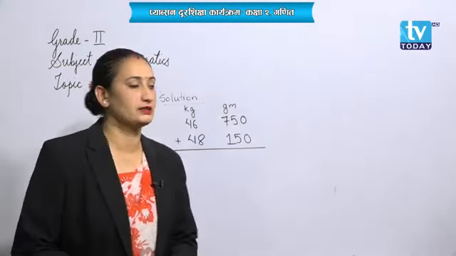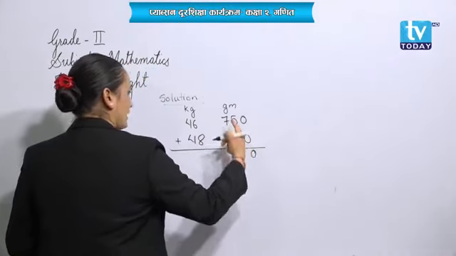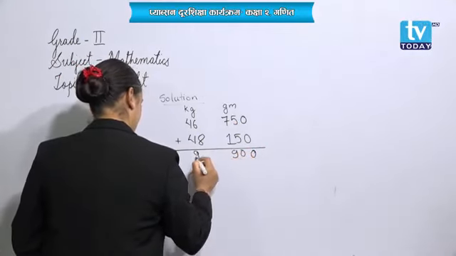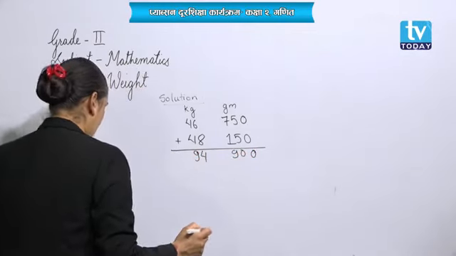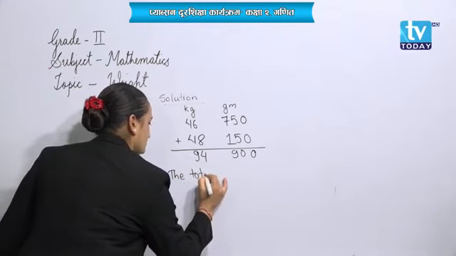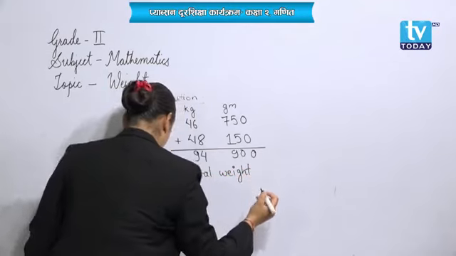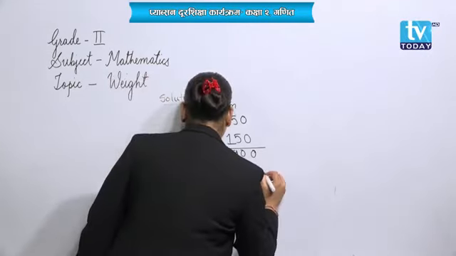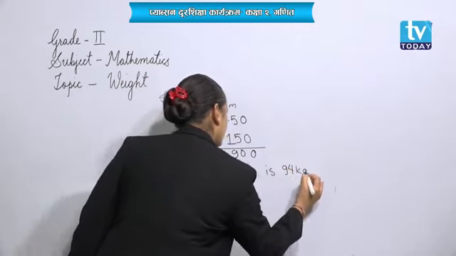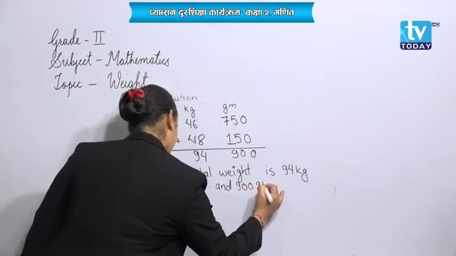Let's add it first. Okay, when we add, the answer will be, therefore, we can write it: the total weight is 94 kg and 900 gram.